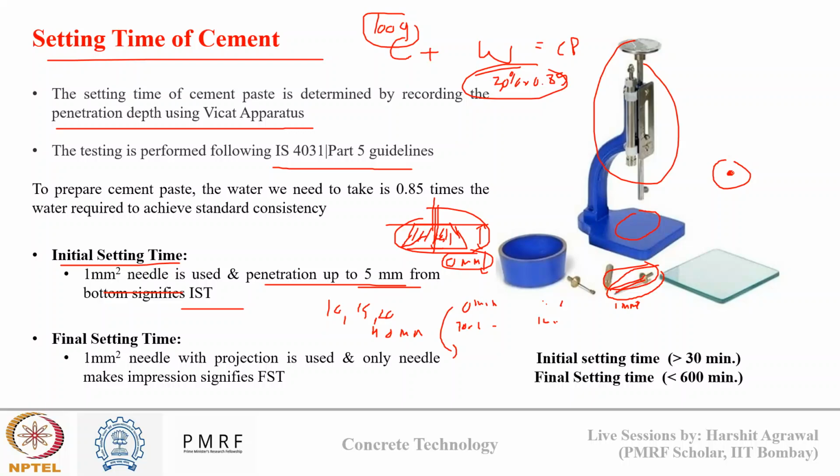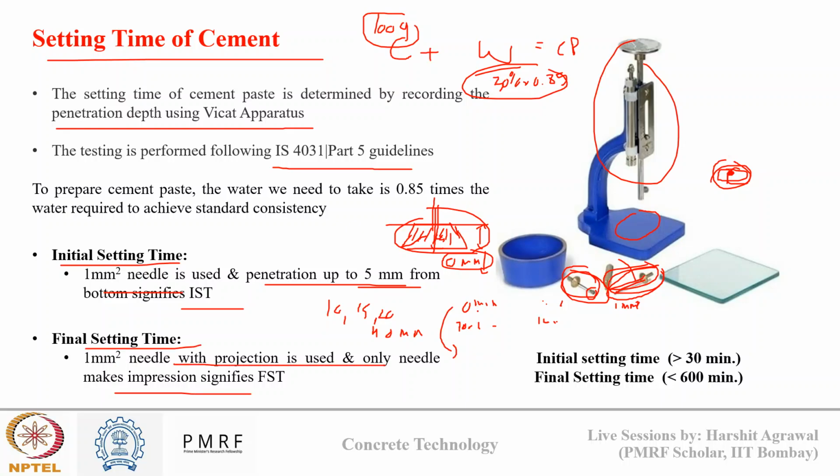So when this happens, we'll change the needle to this needle, which has a small projection on the top. The time when this needle leaves an impression and the other needle doesn't leave any impression on the cement paste is defined as the final setting time of cement.